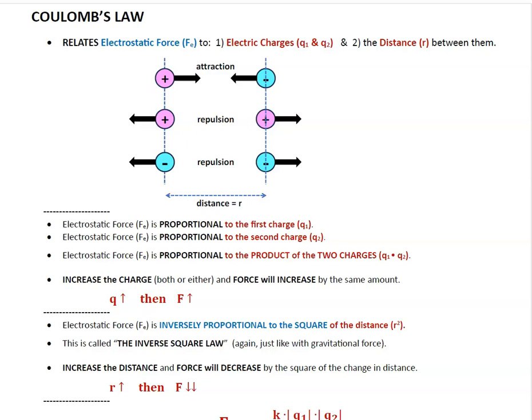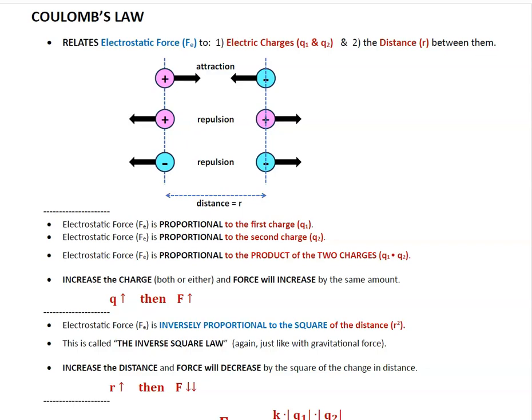He worked out this relationship between the force between electric charges, which we refer to as electrostatic force, to the sizes of the charges involved and the distance between them.